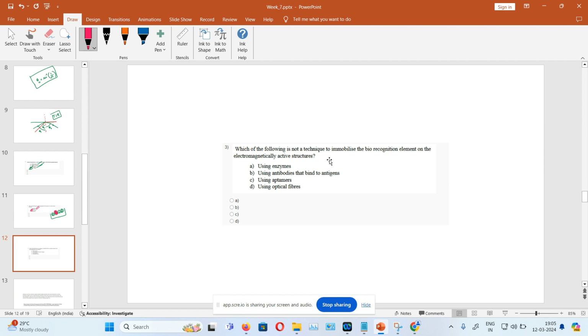Using enzymes. You will have a marker kind of thing attached to the entity to be measured so that you can detect the presence of that parameter. Using enzymes is good, because an enzyme can bind with different entities depending on its binding properties.